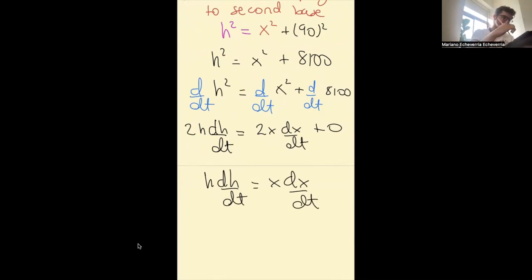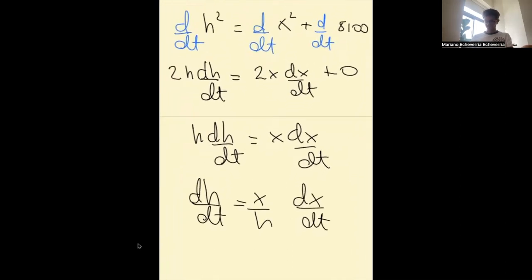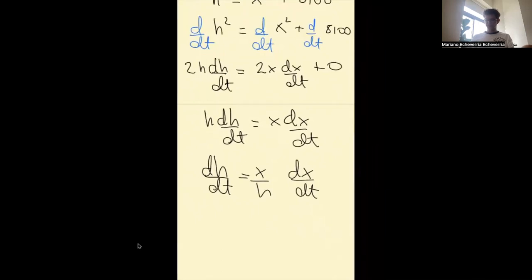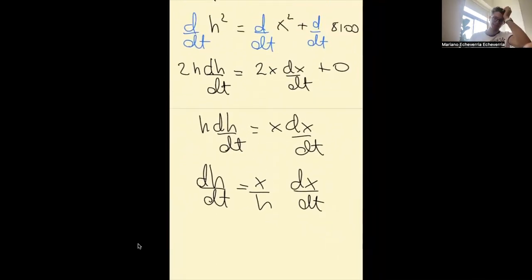Okay, so that gives you a formula for dh/dt. So what is dh/dt? dh/dt is x over h times dx/dt. Okay, but what is dx/dt? That is given in the problem.